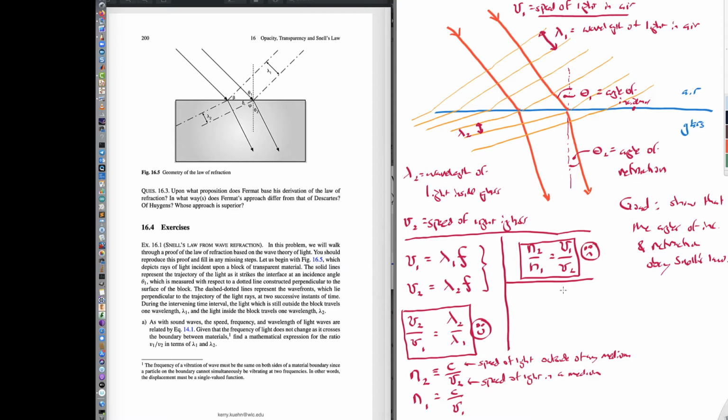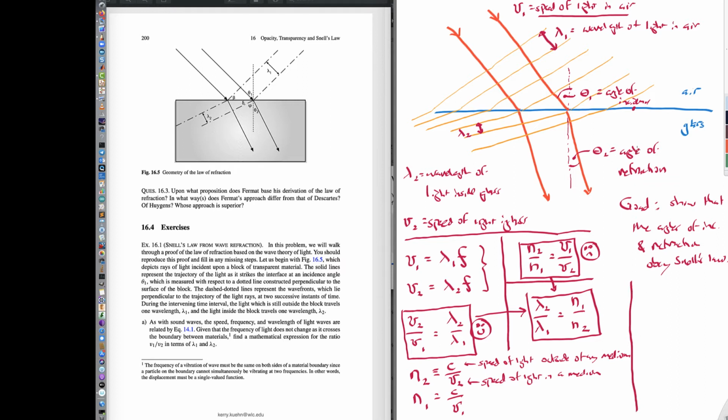We can eliminate the velocities to get a relationship: lambda 2 over lambda 1 is v2 over v1, and v2 over v1 is n1 over n2. Okay, so basically by combining these two formulas, we get this formula. It's a relationship between the refractive indices and the wavelengths. Okay, so far so good.